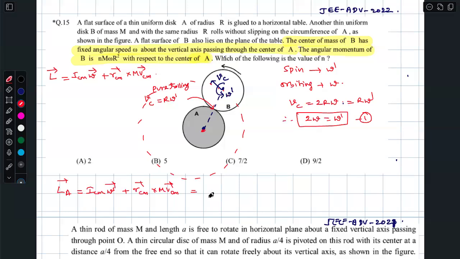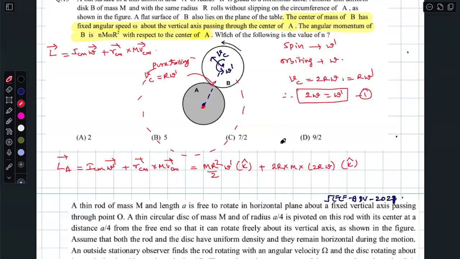M R squared by 2 omega dash K cap, plus R_CM bar cross M V_CM bar: 2R into M into its velocity V_C. V_C is 2R omega. And that is also directed in K cap direction.